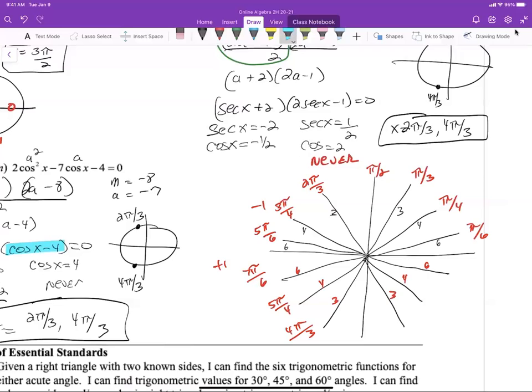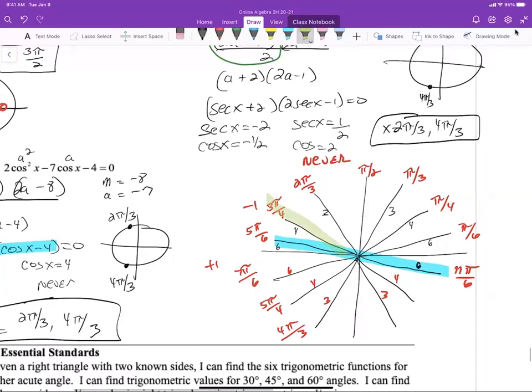Now what I do is I look across and I say, okay, I'm going to take 5 pi over 6. I'm going to multiply by 2 on that top one. That'll be 10. I'm going to add 1. That's 11 pi over 6. I'm going to do the same thing on the over 4. I see I have 3 in the numerator. I'm going to multiply that by 2. That's 6. I'm going to add 1.